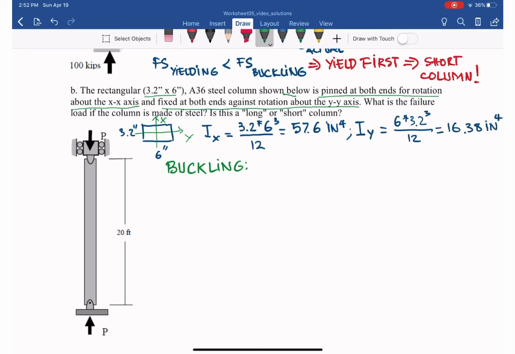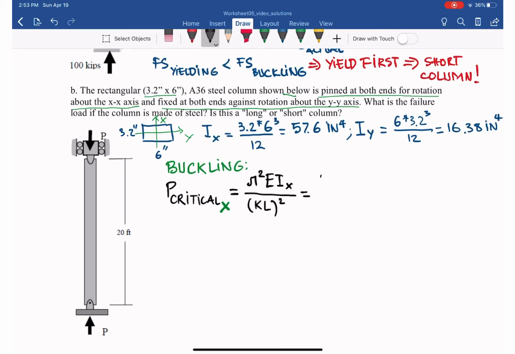The first equation is the critical load in the x direction: pi squared E Ix over KL squared.